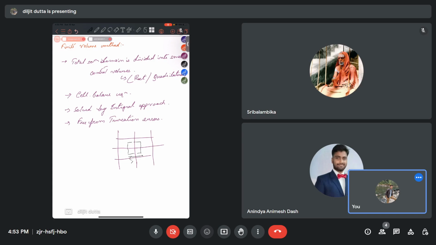So this is delta x, this is delta y. So this is our simple rectangular cell for 2D flow. If we are solving for 2D flow, we consider a rectangular control volume and write the equations in this control volume and then solve. So this is the finite volume method.